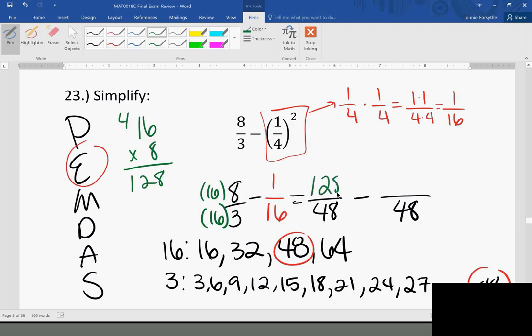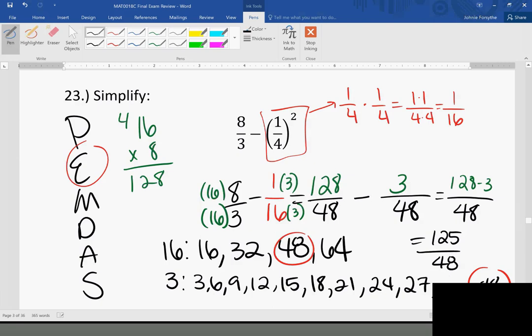So 128 over 48 minus the second fraction multiplied by 3, which is 3 over 48. Now that I have that common denominator, I'm going to keep that denominator and then subtract 128 minus 3, which will give me 125 over 48.